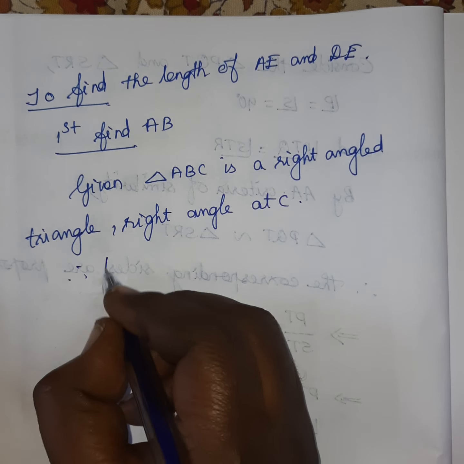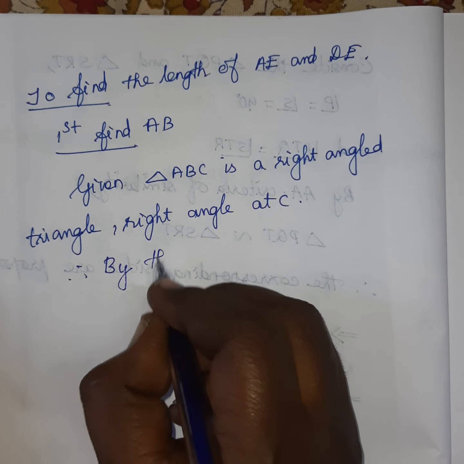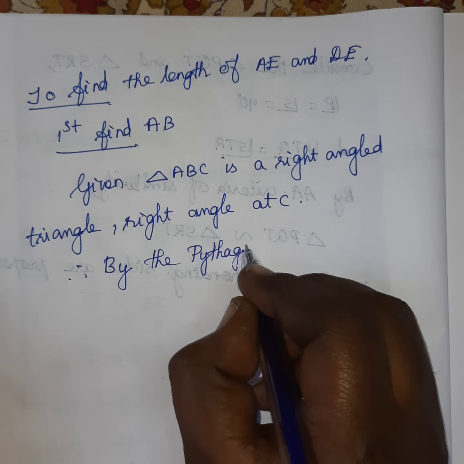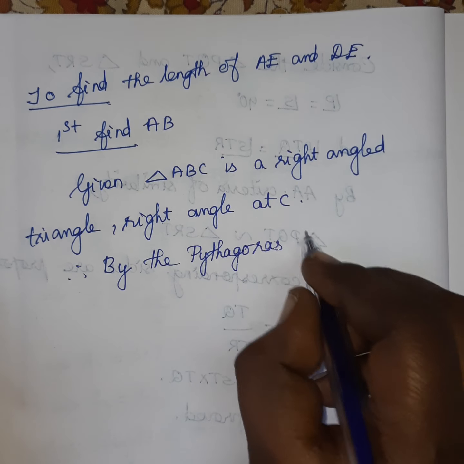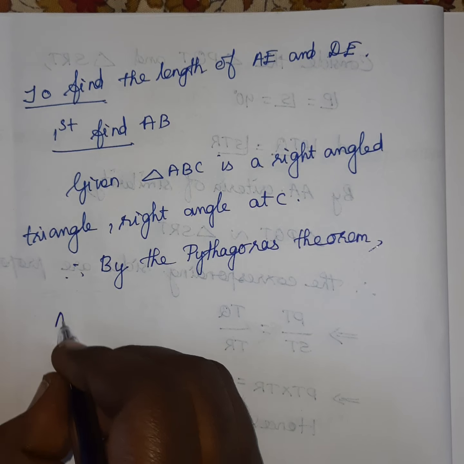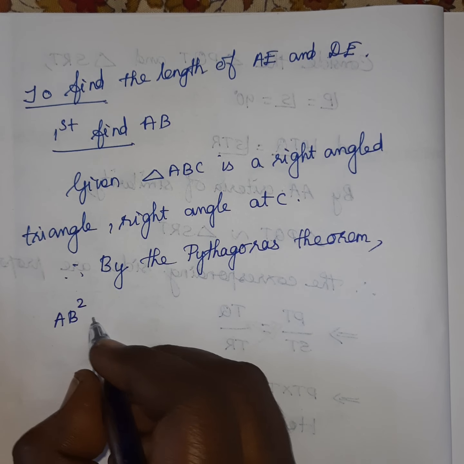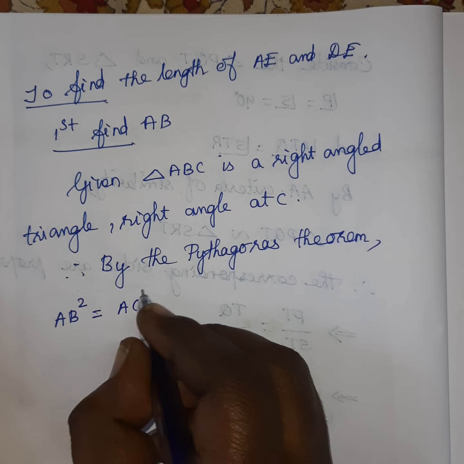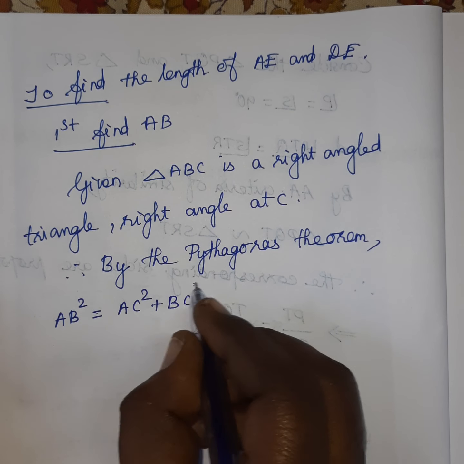So by the Pythagoras theorem, AB square, hypotenuse square, is equal to the sum of the squares of the other two sides. It is AC square plus BC square.